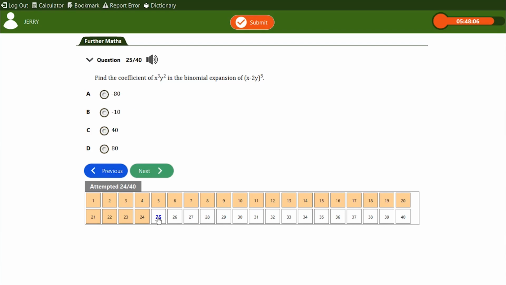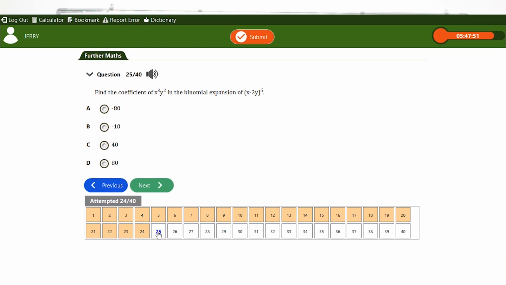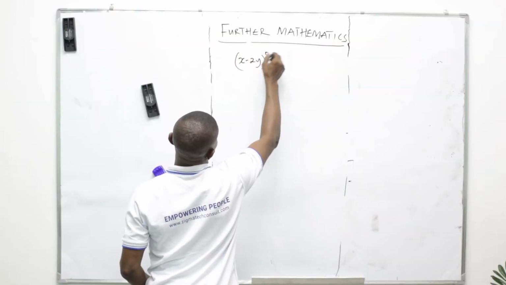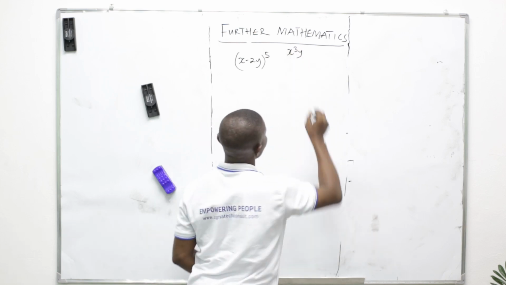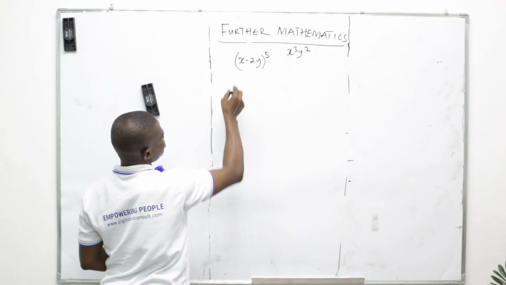Find the coefficient of x cube y square in x minus 2y all raised to the power of 5. Our interest is what? x cube y square. The coefficient, okay, good.